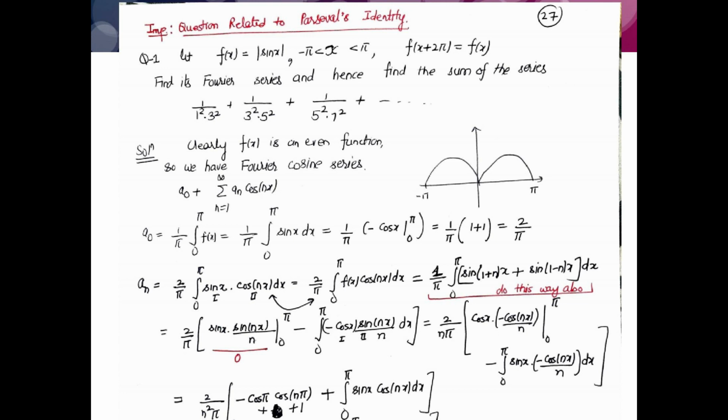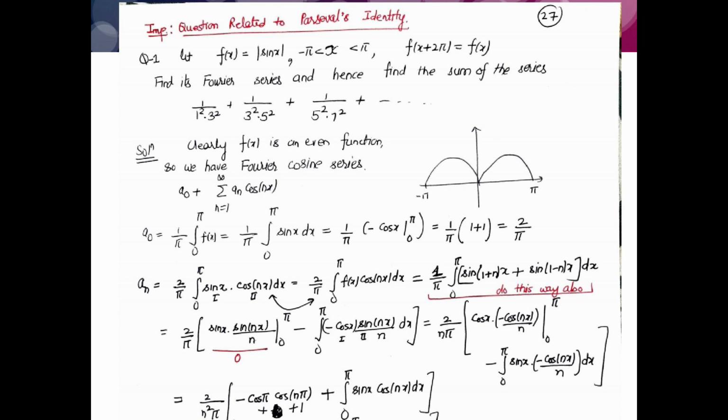This function is an even function, so we will find its Fourier cosine series, a0 plus the summation over n from 1 to infinity of an cos nx. Write down the formula for a0 and an. Put the value of the function.